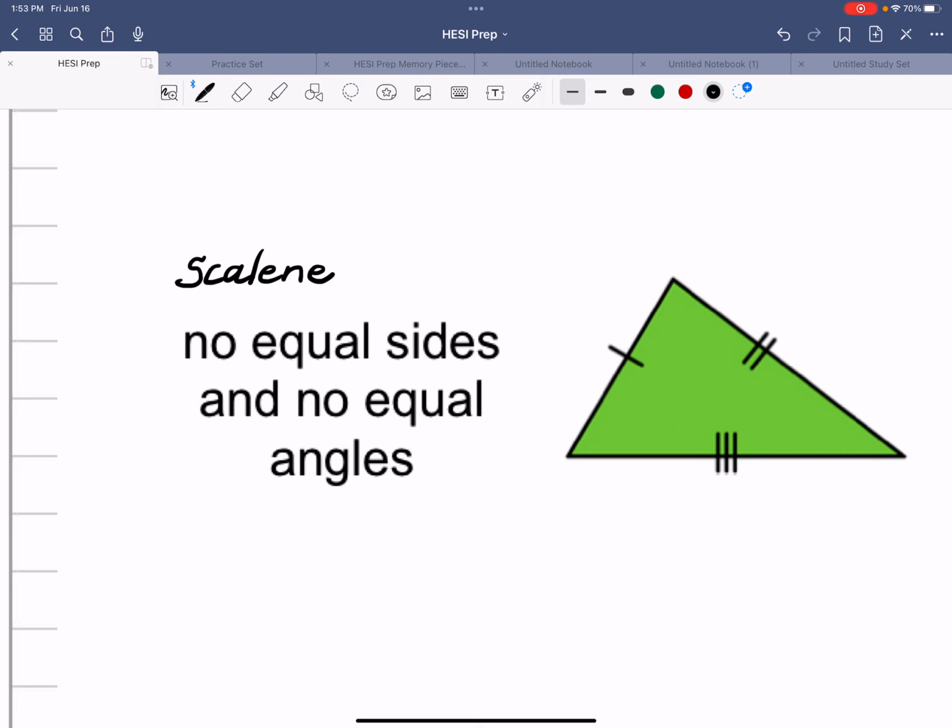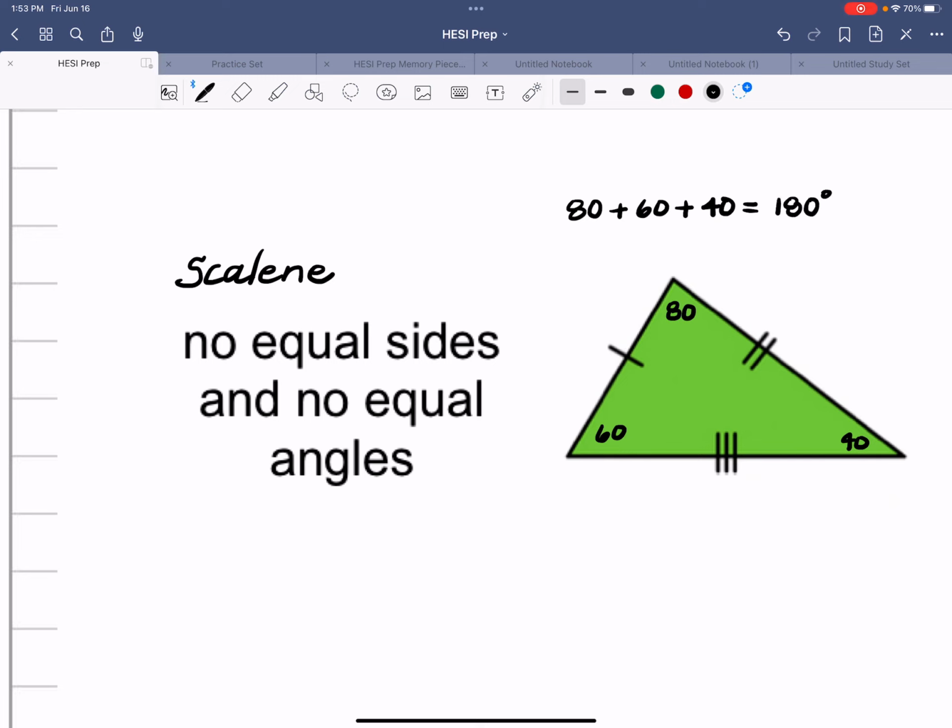I'm not sure if it is or not, so let's just pretend that this is 80. This is 60, and then this would be 40. So you see that none of the angles match, although they would add up to 180. That must be true.